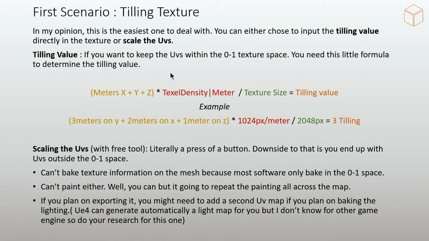So if I take, for example, my brick wall from earlier, it's going to be 3 meters wide by 2 meters high by 1 meter depth, which is going to be 6, multiplied by the texel density that I wanted to achieve, which is 1024 pixels per meter, and you divide the sum of that by the texture that you are going to be tiling across the brick wall, which is 1048 pixels, and this gave me a tiling value of 3, and I just input that in both the U and V tiling value. There you go.